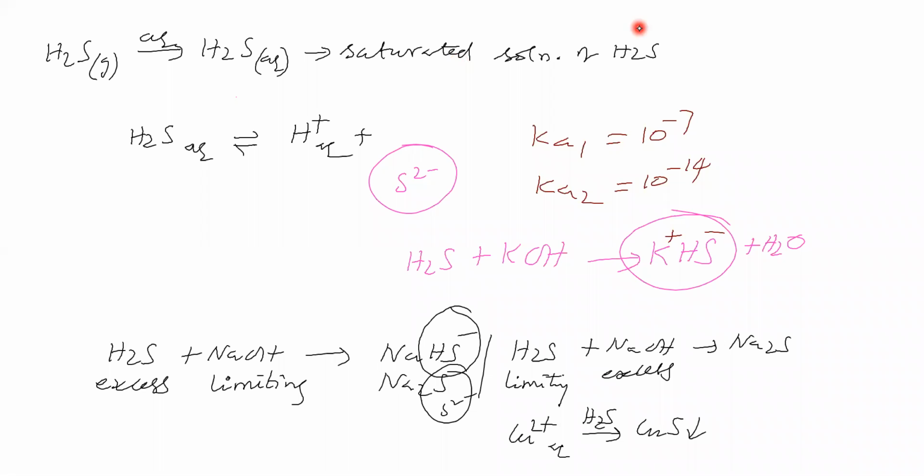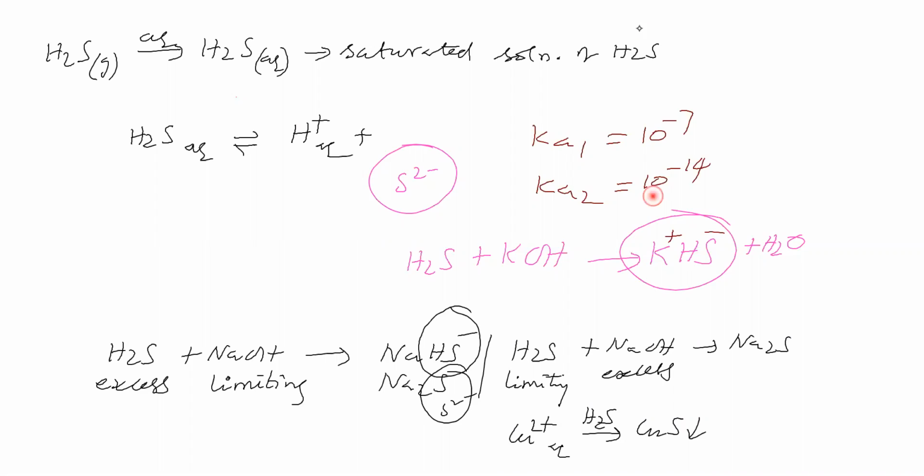That is the meaning, no? In this solution, two equilibria are there. That's why two equilibrium constants are given. Otherwise, two equilibrium constants would not be given, isn't it?